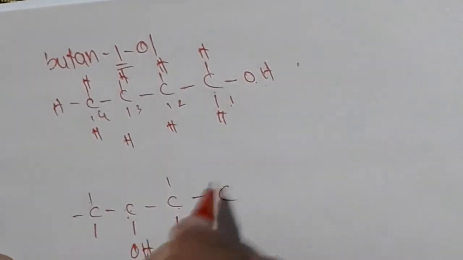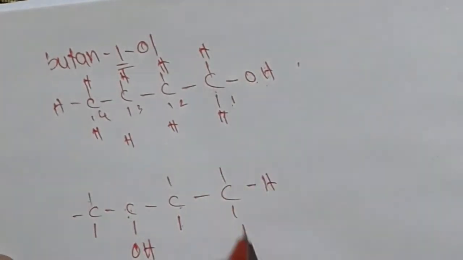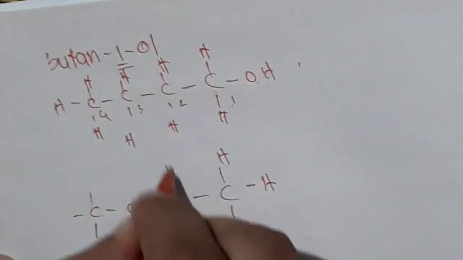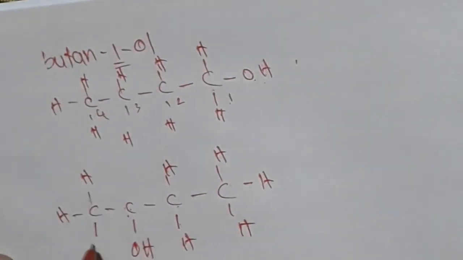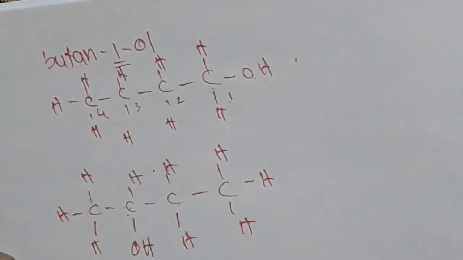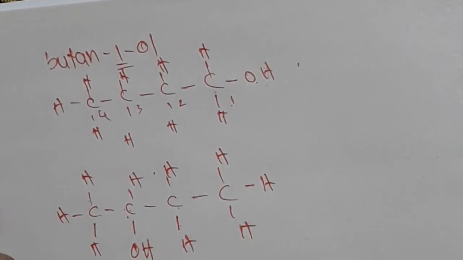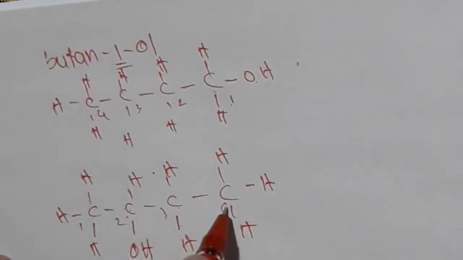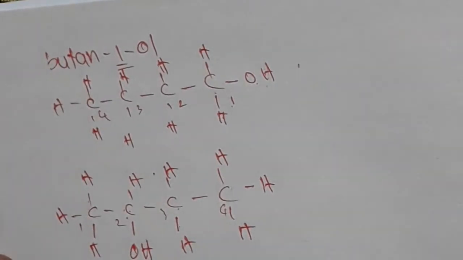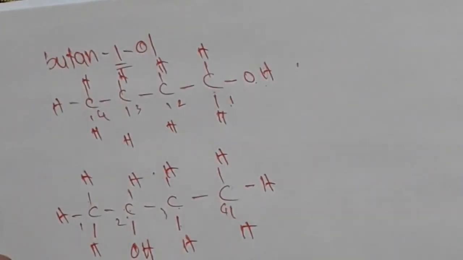Remaining all hydrogen. Okay, this is another isomer. Now it is first carbon, second carbon, third, fourth carbon. It is butane 2-ol.